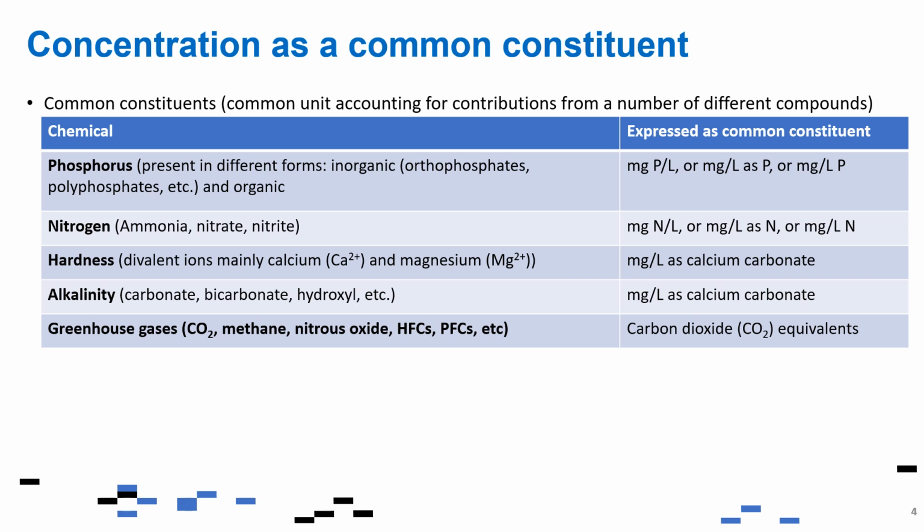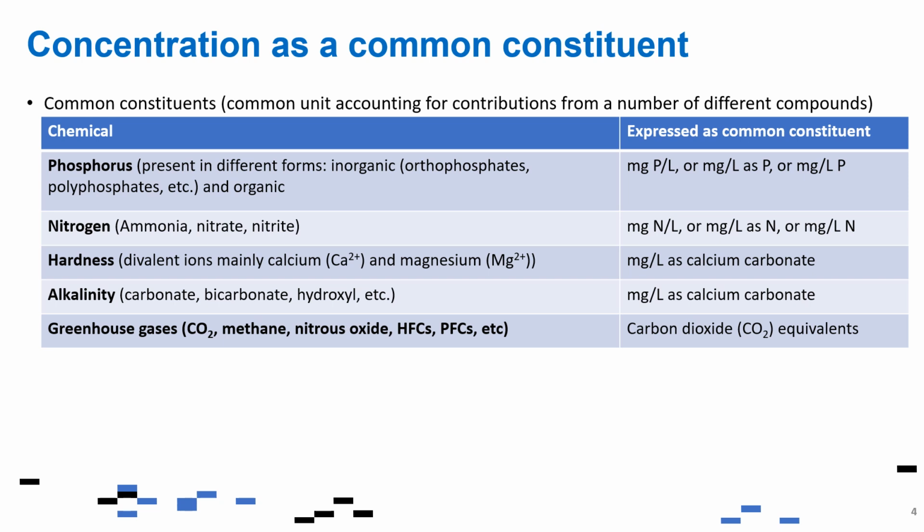Another example is the effect of various greenhouse gases to climate change. Each identified greenhouse gas differs in its ability to absorb heat in the atmosphere, which translates to each having its own global warming potential, or GWP.